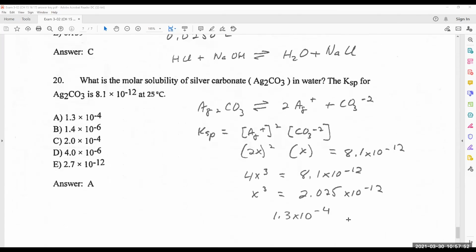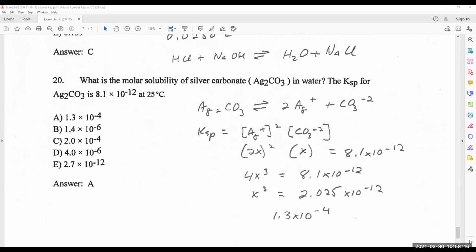All right, number 20, the last one. What's the molar solubility of silver carbonate, Ag2CO3, in water? And you're given a Ksp value for it. The first thing you wanted to do was write out that solubility product reaction and balance it. So silver carbonate goes to silver ions and carbonate ions.